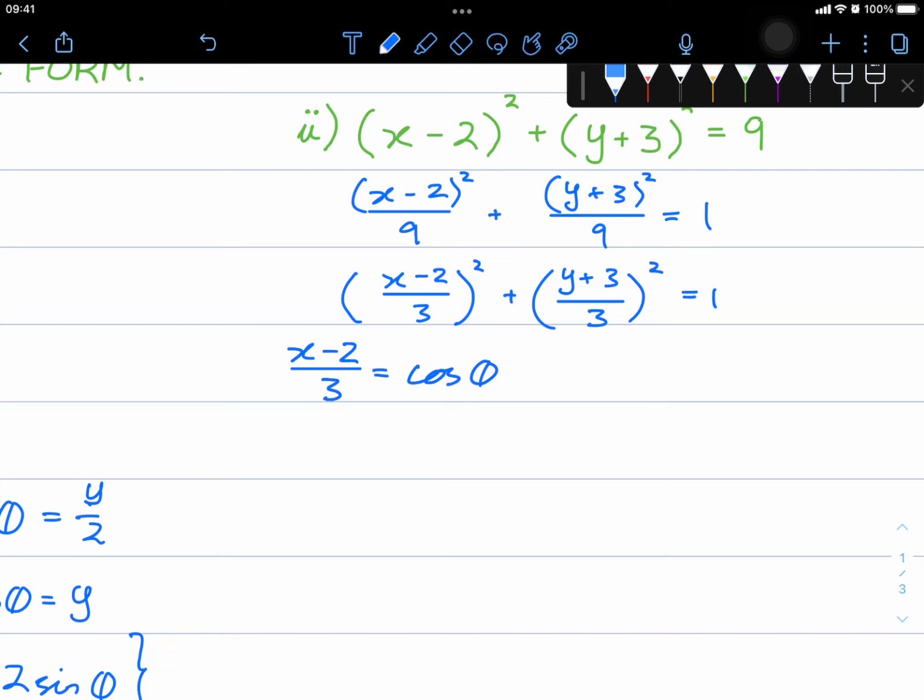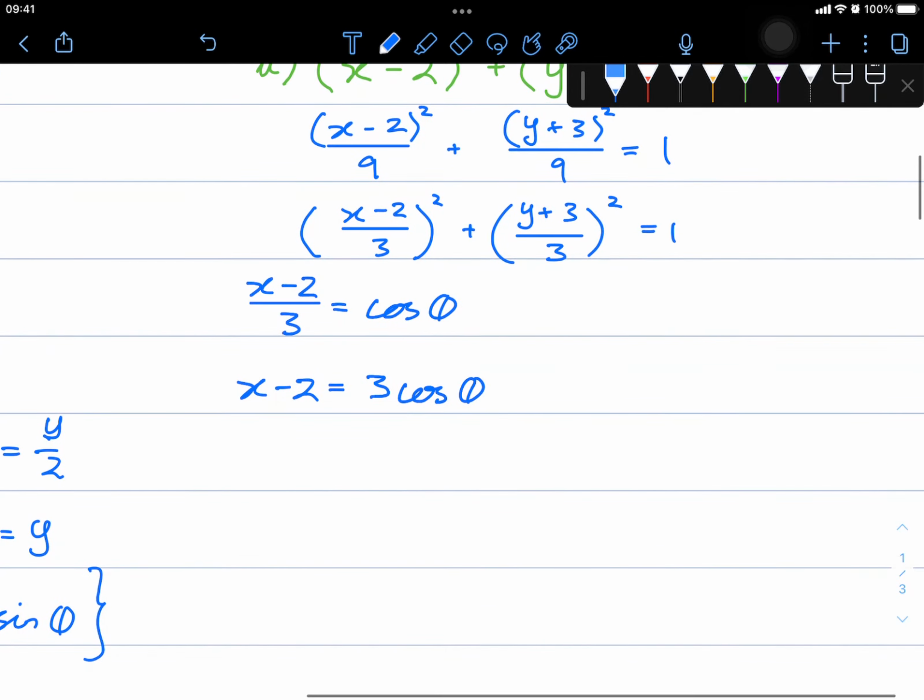Multiplying by 3, adding 2, x equals 2 plus 3 cos theta. And there we have it.